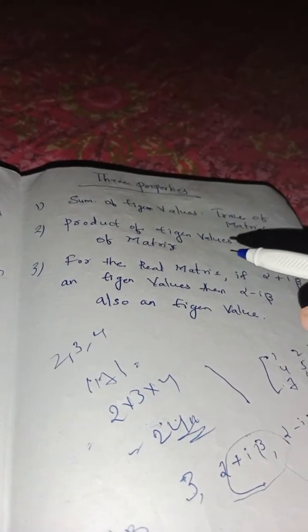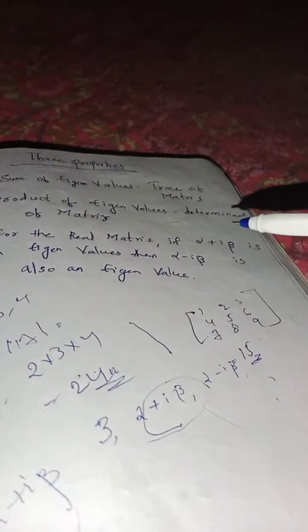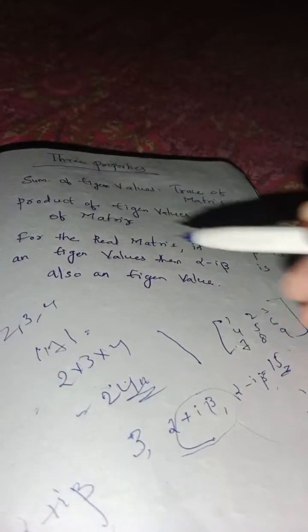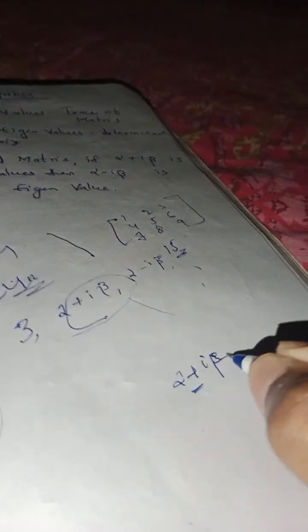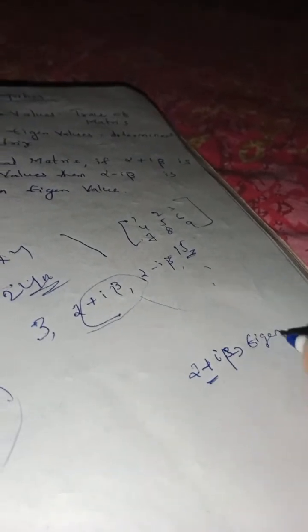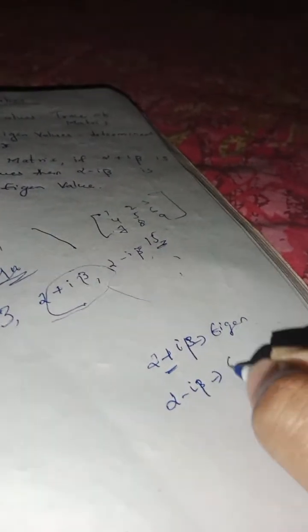What is the determinant of the matrix over here? That is the product of the eigenvalues of the matrix. So this is the second property. The third property is, for a real matrix, if alpha plus i beta is an eigenvalue, then alpha minus i beta is also an eigenvalue.